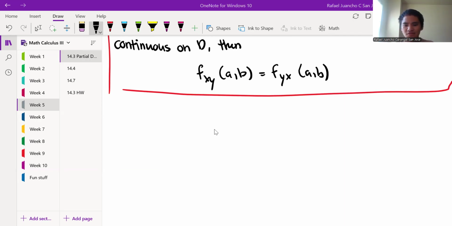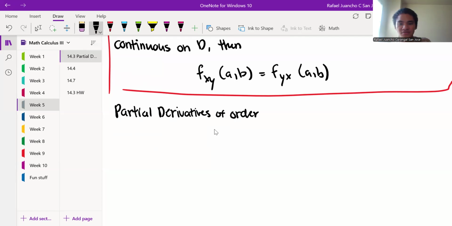And apparently we can also define a partial derivative of order 3. So a third derivative, and then we can apply Clairaut's theorem. Let me show you what that is. Partial derivatives of order 3 or higher can be defined.